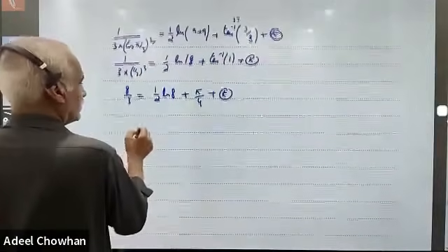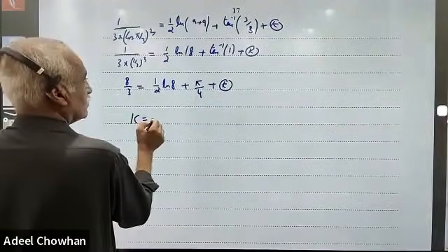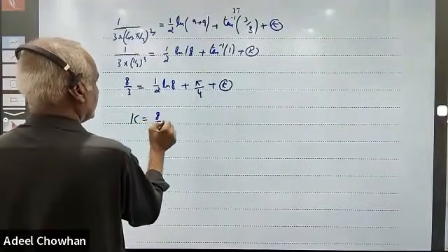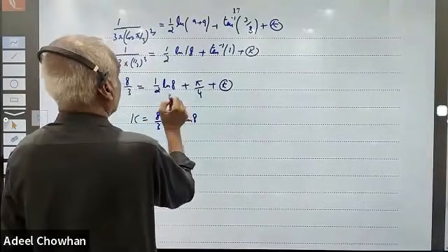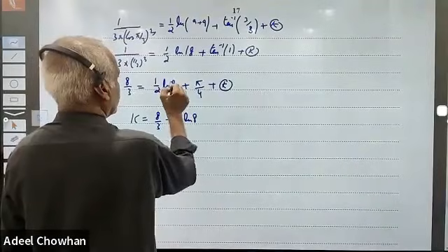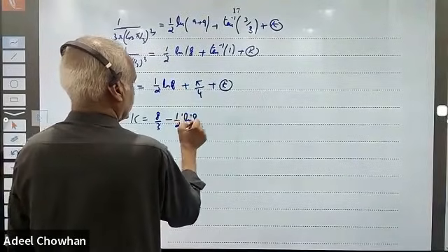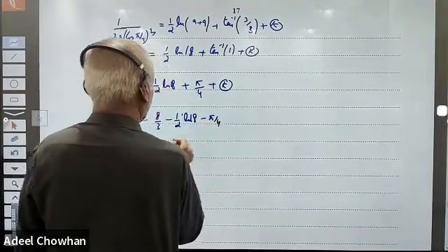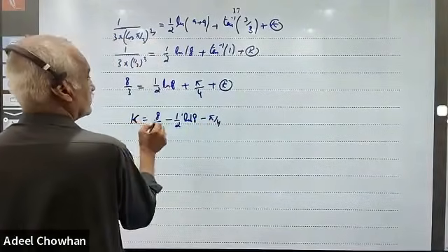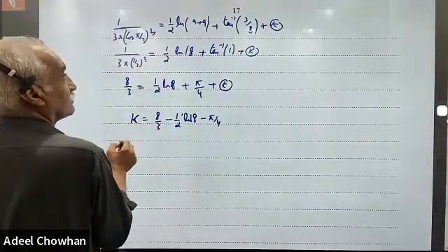So the k value is basically equal to 8 by 3 minus 1 over 2 ln of 18 minus pi by 4. So you put the value of k into equation number 1.